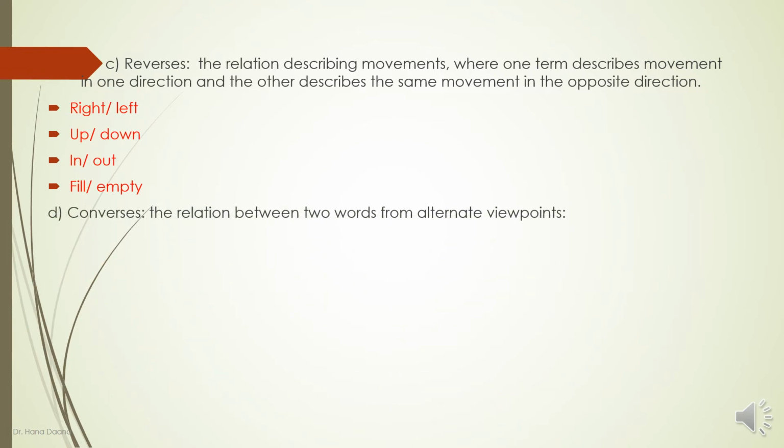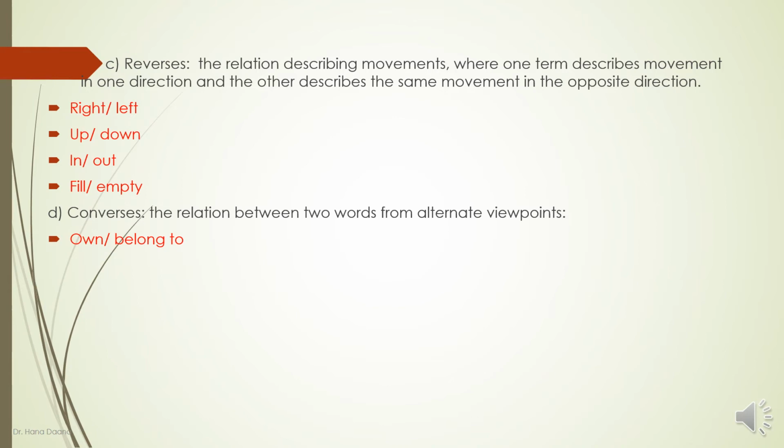Now, the fourth form of the antonymy relationship is converses, the relation between two terms or two words from alternate viewpoints. An example is own and belong to. When I say, for example, I own a car, or this car belongs to me.